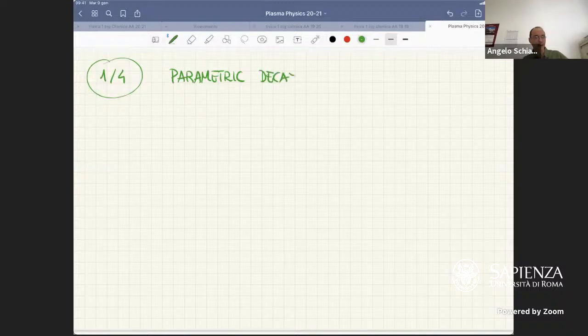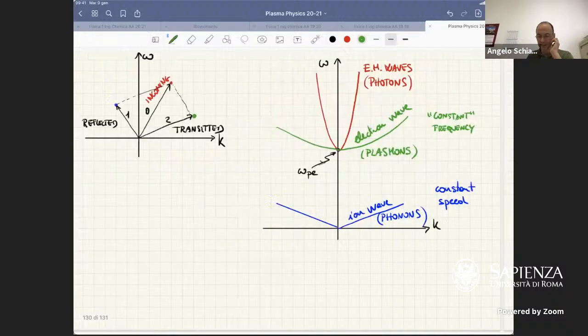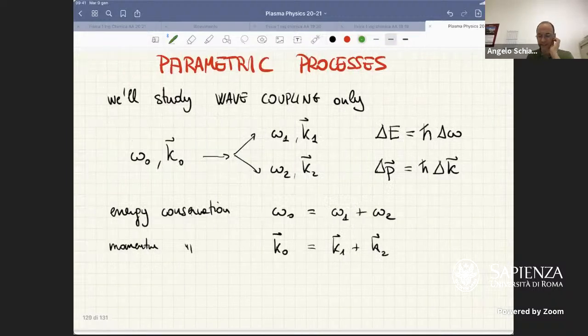You might know what a decay means in particle physics: a particle or nucleus that decays into two fragments, for instance.